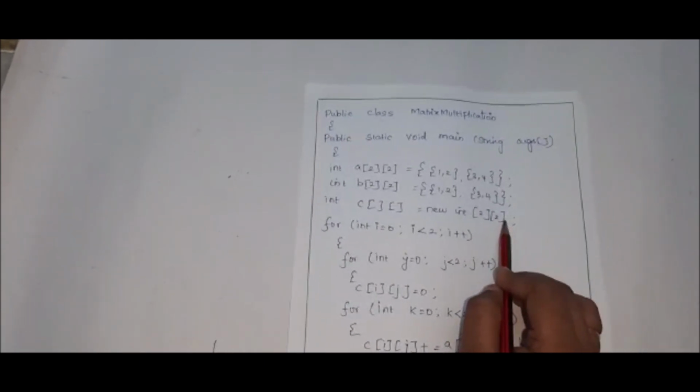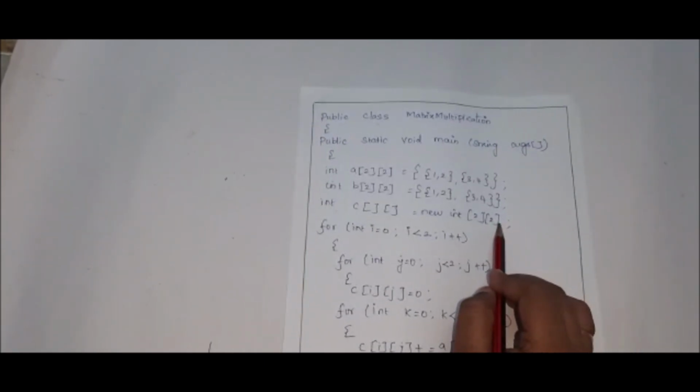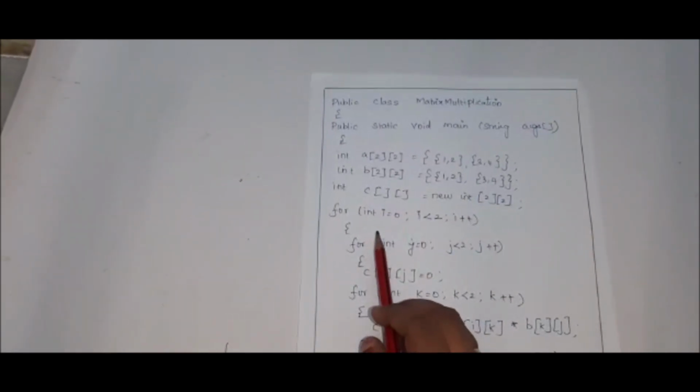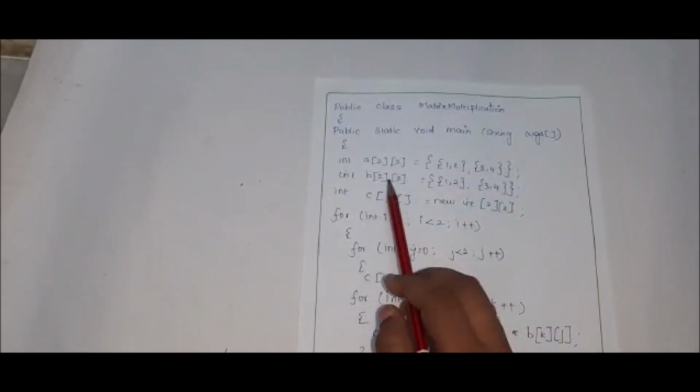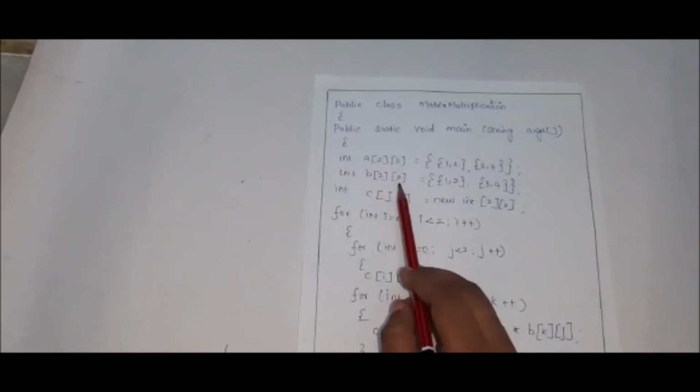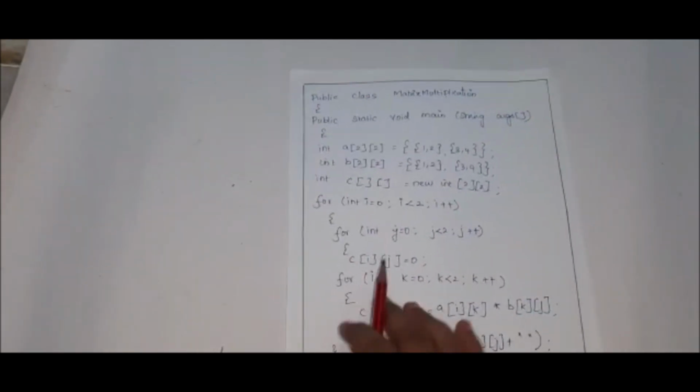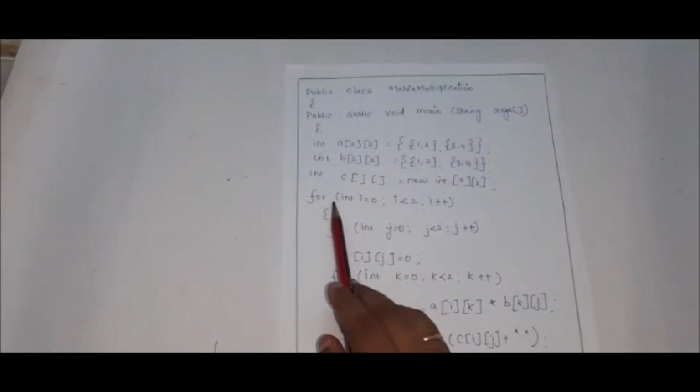For matrix multiplication, we have to use two-dimensional arrays. Here matrix multiplication is possible, so we are going to multiply the matrices using for loops.